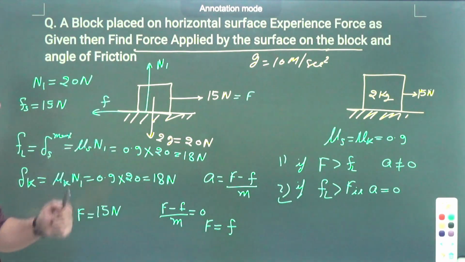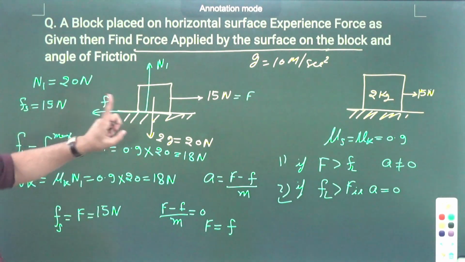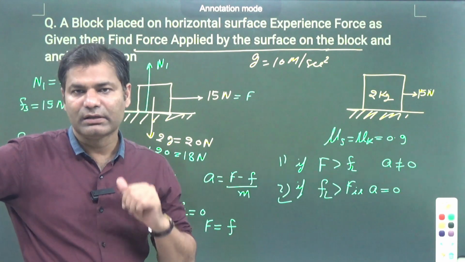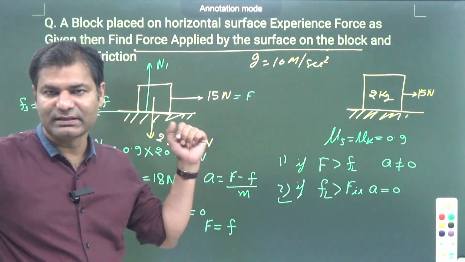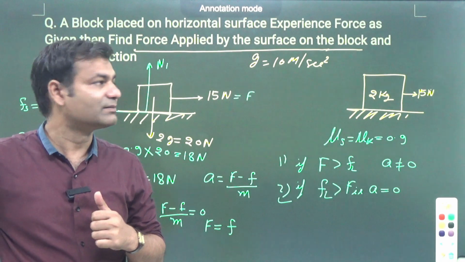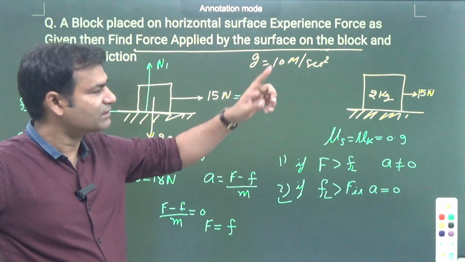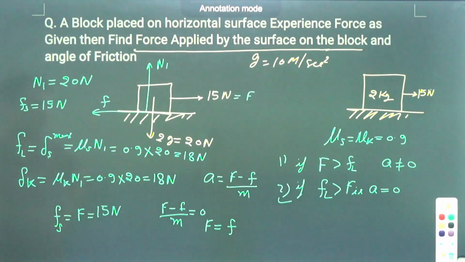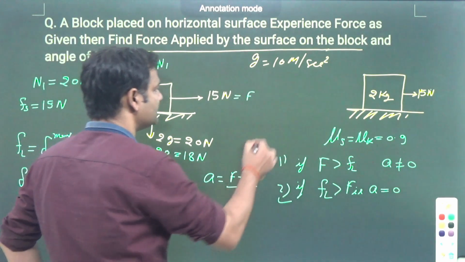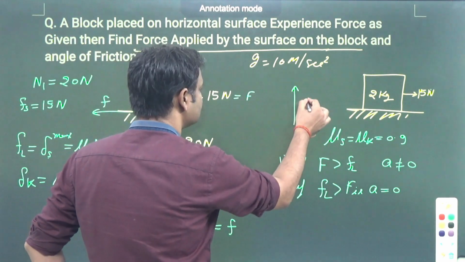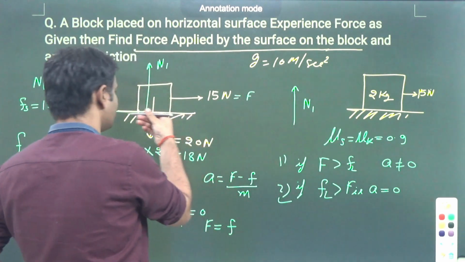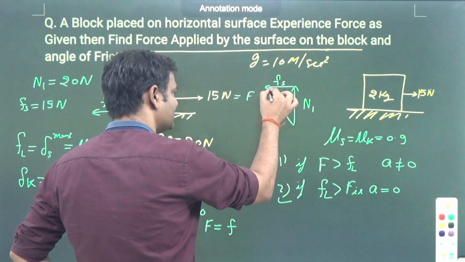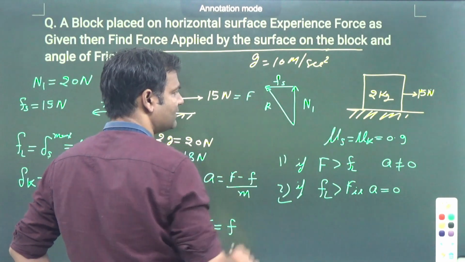He is not asking for the normal force, which would be N1, or the frictional force, which would be Fs, but the force applied by the surface on the block. So we draw N1, the frictional force Fs, and the resultant force R.